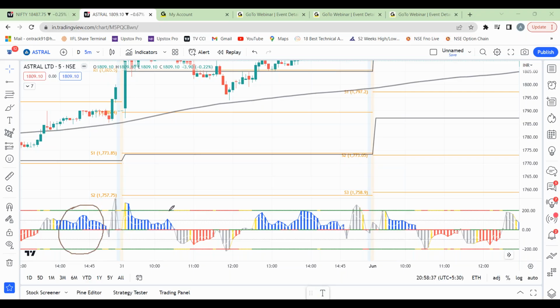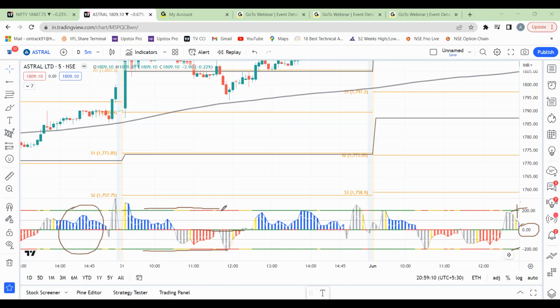It has important levels. What are the important levels we need to understand in this Woodies indicator? You see a line at the top and a line at the bottom. These are very important levels. This is plus 200. This is minus 200. Plus 200 level and minus 200 level. The line at the center is the 0 level.